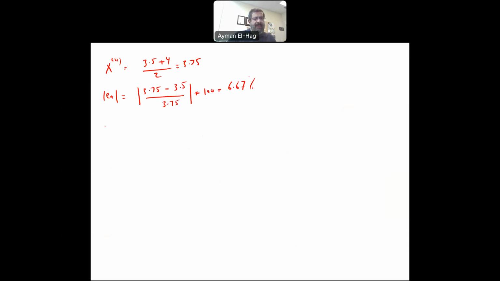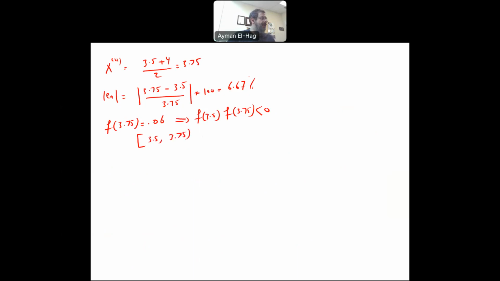So we need to find the value at f of 3.75, which is equal to 0.06. Hence, the new solution is between 3.5 and 3.75, because their multiplication is less than 0. So this is the new interval.